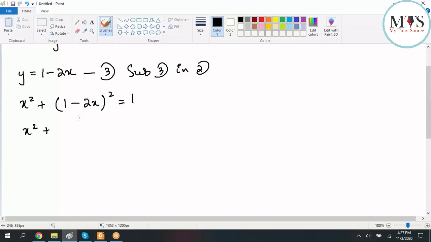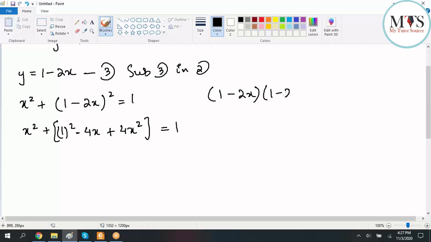Then 1 squared. Minus 4x. Then plus 4x squared. Just do this: 1 minus 2x times 1 minus 2x.